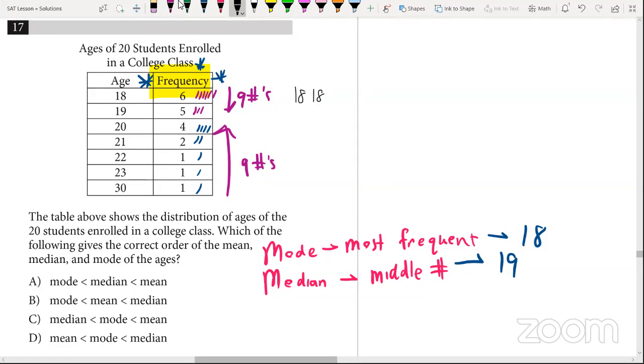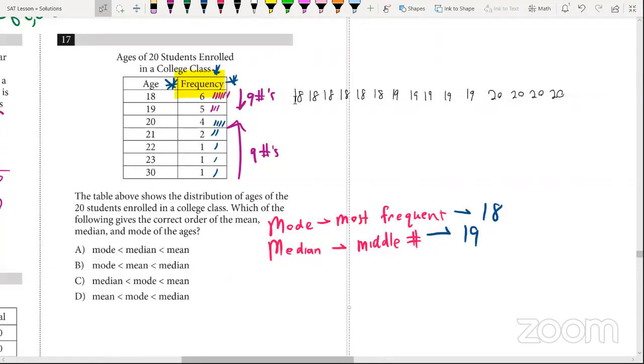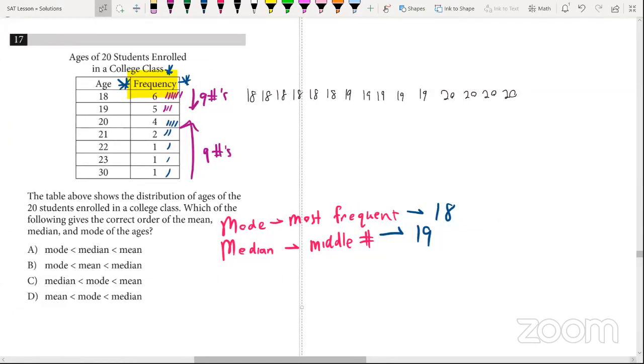I've got 6 18s. I've got 5 19s. 4 20s. Zoom out a tiny bit. So we're just talking about different ways to find the median, which we already found.